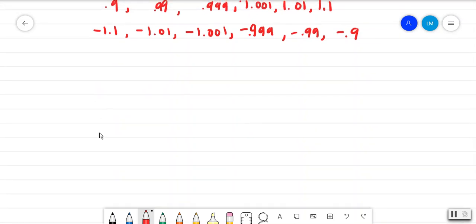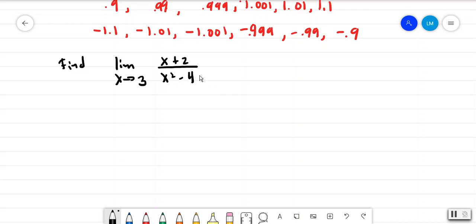Now, this last example that I want to put on here is because a lot of people think that when you take the limit and it's undefined at a particular value, it's automatically going to be undefined. What I mean is, if I have a value at which it's not undefined, like 3 in this equation, because, for example, we can simplify this into the limit as x approaches 3 of x plus 2 divided by x plus 2 multiplied by x minus 2.